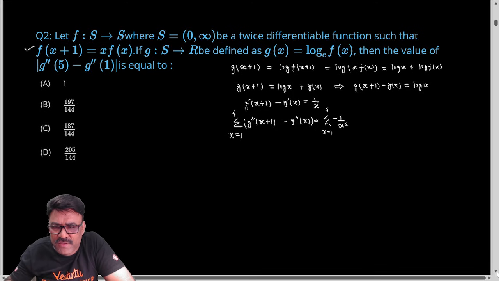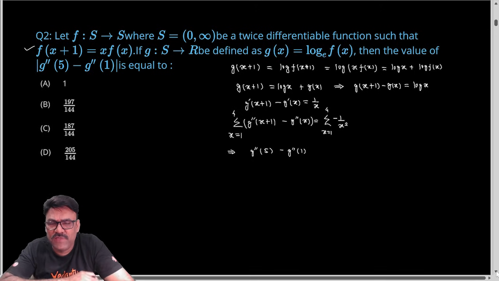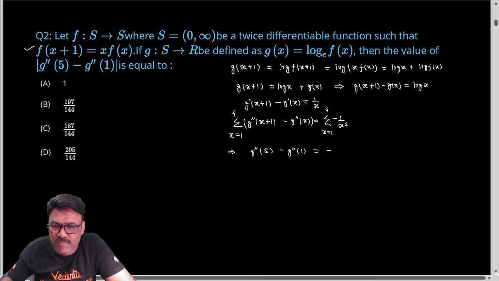The left hand side is a telescopic sum. When you put x from 1 to 4, every term will cancel and you will get only g double dash 5 minus g double dash 1. And the right hand side is basically minus 1 over 1 square plus 1 over 2 square plus 1 over 3 square plus 1 over 4 square.